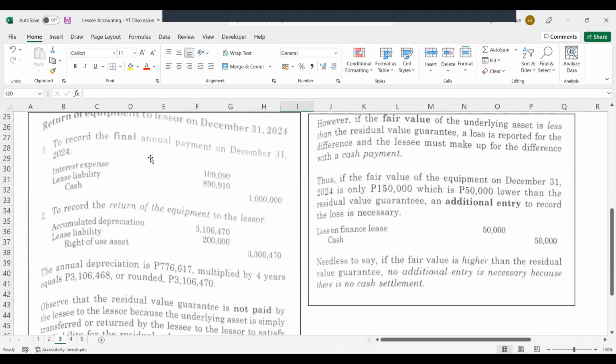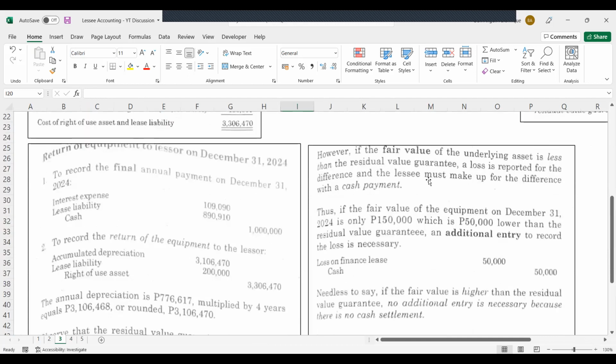Okay. So, return on equipment. So, pag binalik na, i-credit natin, tatanggalin na natin yung ROU, tatanggalin na natin yung ACDEP, and tatanggalin na natin yung lease liability. Okay. However, if the fair value is less than, so paano naman daw at the end?